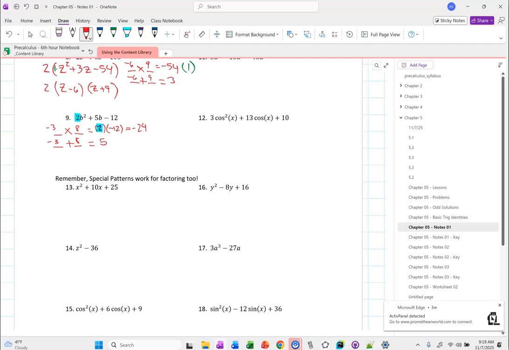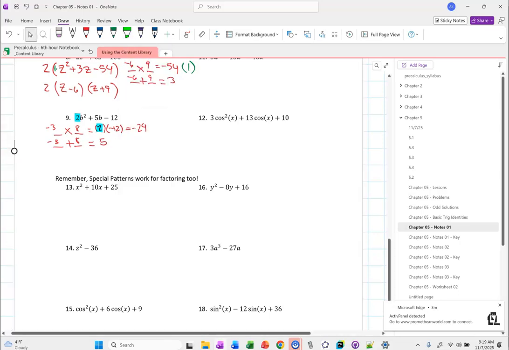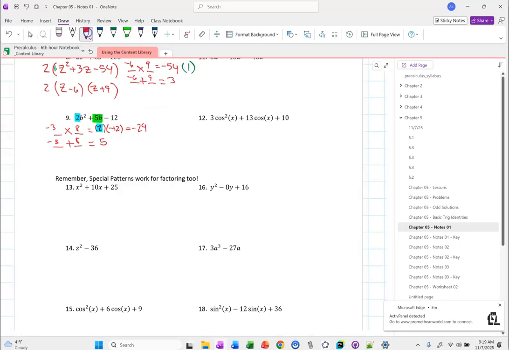All right, here's the hitch. It doesn't take us straight to the factored form. Right? What does the negative 3 and 8 tell us? It tells us how to break apart the 5b so that I can do a factor by grouping.